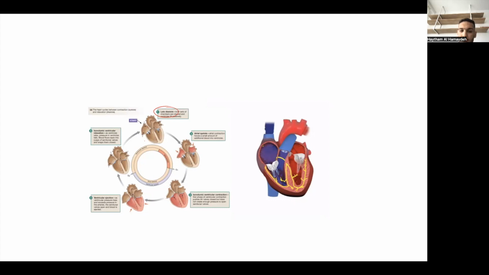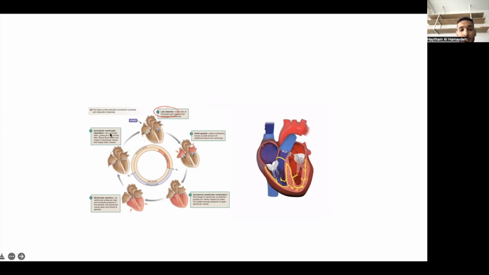So the atrioventricular valves are closed, and the semilunar valves are not open because the pressure in the systemic and the pulmonary circulation is still higher than the ones in the ventricles. Now the ventricular pressure increases above the systemic circulation and the pulmonary circulation. The semilunar valves open, okay, and so ventricular ejection happens, so blood moves into those vessels.